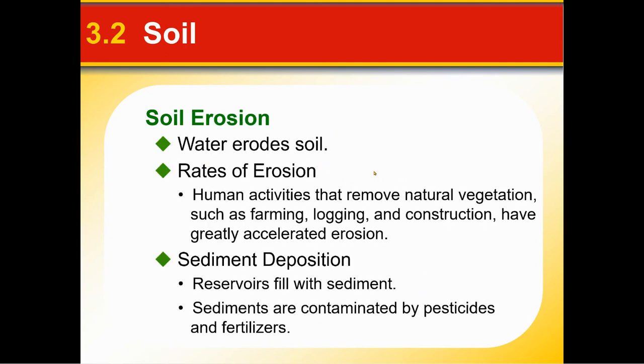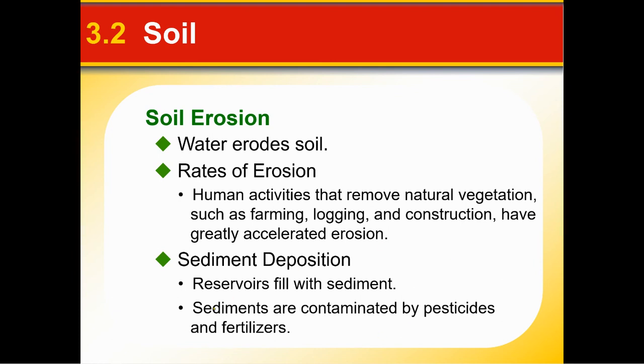Soil erosion. Water erodes the soil, and human activities that remove natural vegetation, such as farming, logging, and construction, have greatly accelerated the rates of erosion. Sediment deposition. Reservoirs fill with sediment. Sediments are contaminated by pesticides and fertilizers.